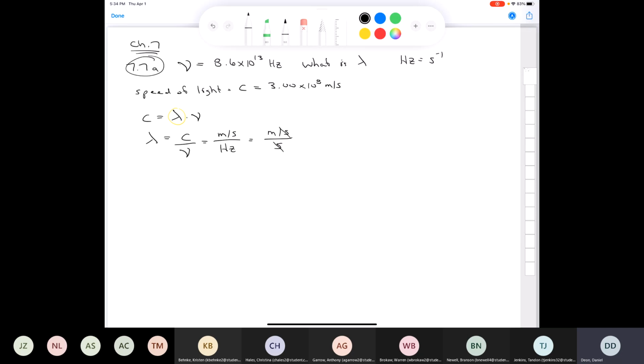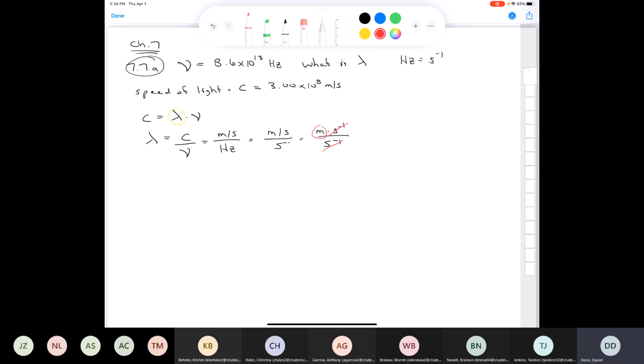If you're unsure about why that is, remember that meters per second up here is the same thing as saying meters times seconds to the -1, divided by seconds to the -1. So you can see that they cancel out, and you're going to end up with meters.